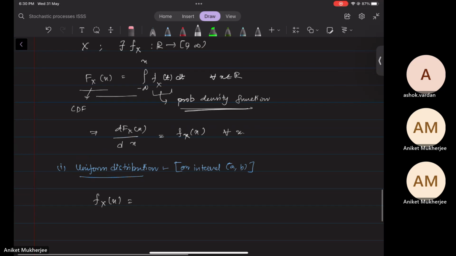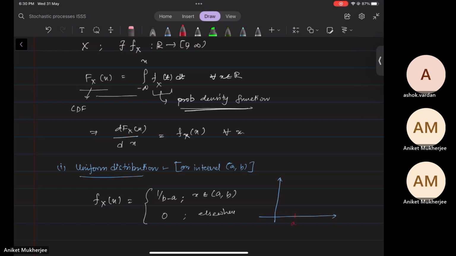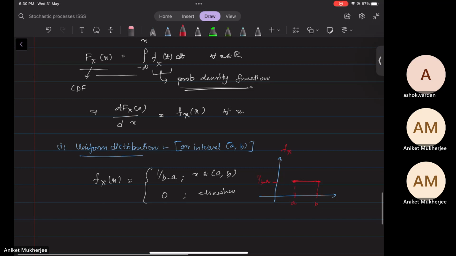The density function is given by 1 by b minus a if x belongs to [a, b], 0 elsewhere. This is the density function.